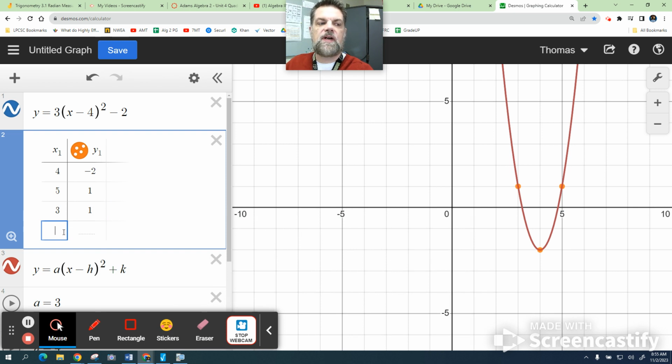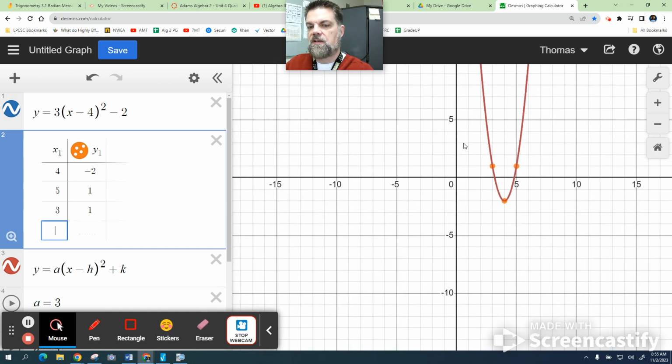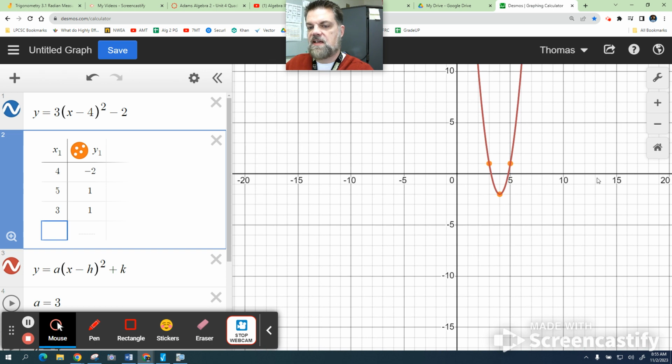Give me another number you want to try. That's close to 4, not too far away. Negative 2 would work, but we want it to fit on our graph. So think in terms of the x-axis. How about 2? Let's try 2.